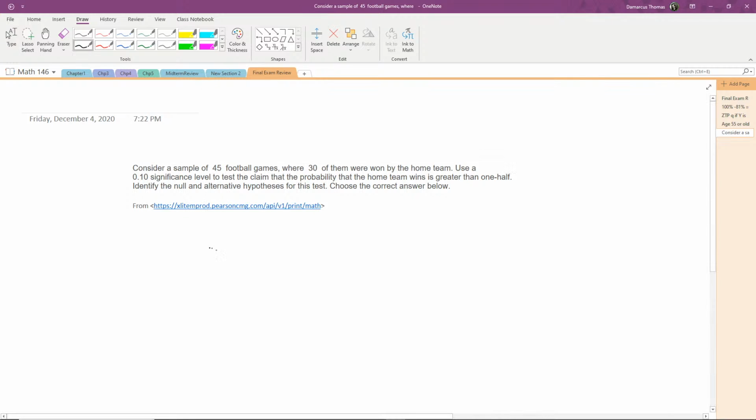All right. So they want us to test the claim, based on this data, that the proportion of home wins is greater than 0.5. This is 30 out of 45.